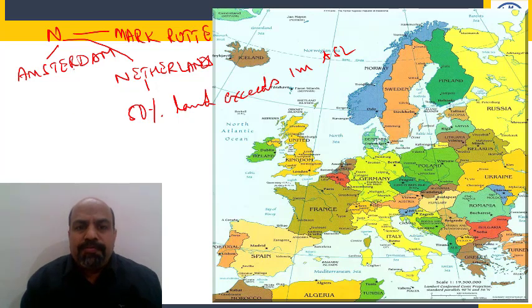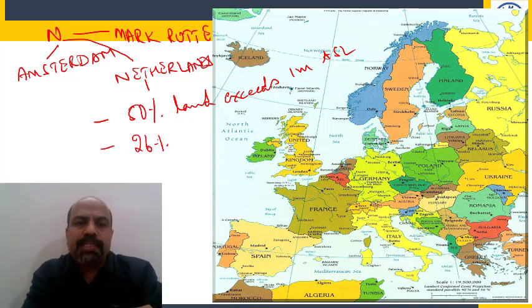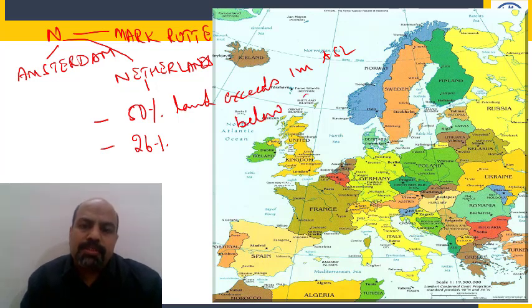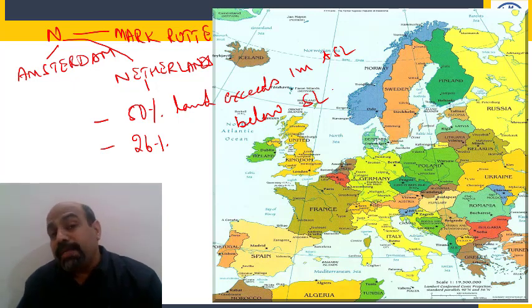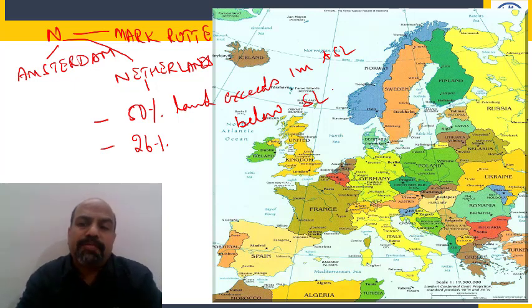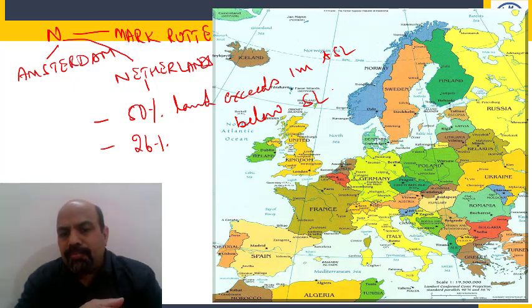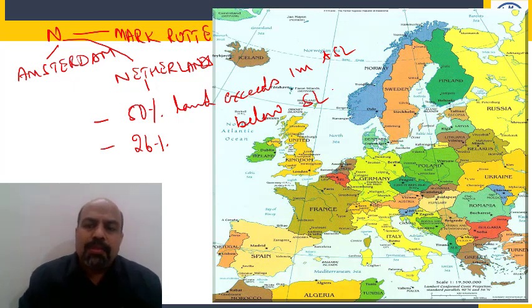Only about 50% of the country's land exceeds 1 meter, and you could also write that 26% of the country's land is below sea level. That's about it. The currency is the euro.